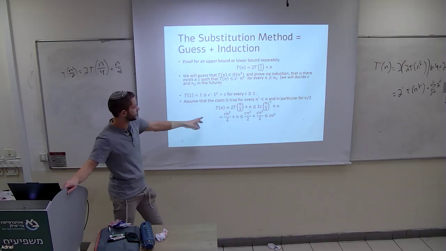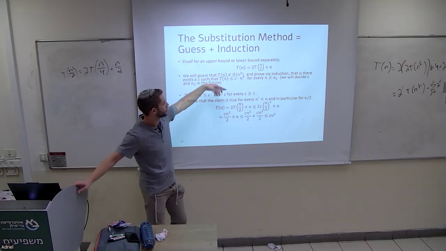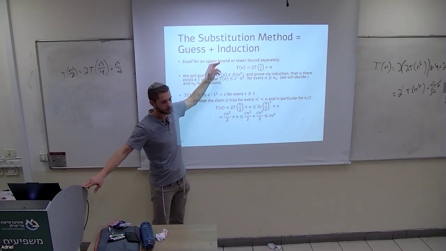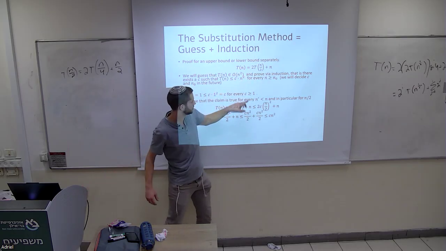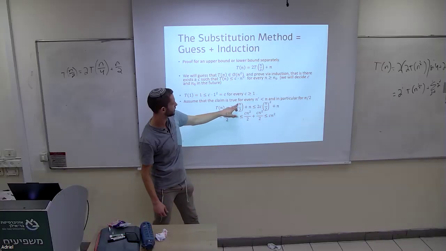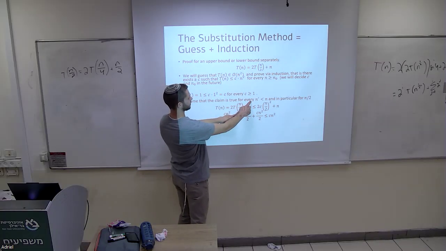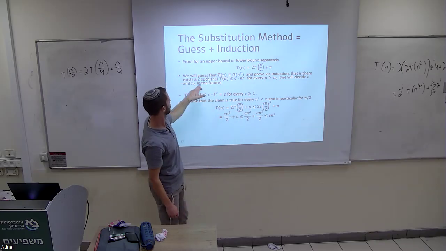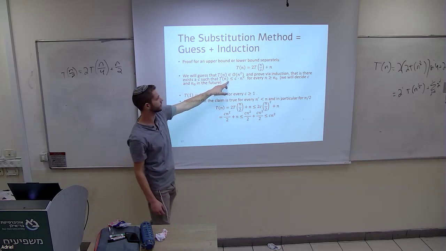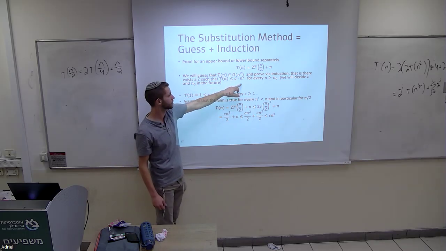All right, so now T of n equals, we're just going to plug it in once. 2 times T of n divided by 2, basically our whole function. And then we know that T of n divided by 2, from the induction hypothesis, is O of n squared, right? There exists a C such that T of n is smaller or equal to C times n squared.